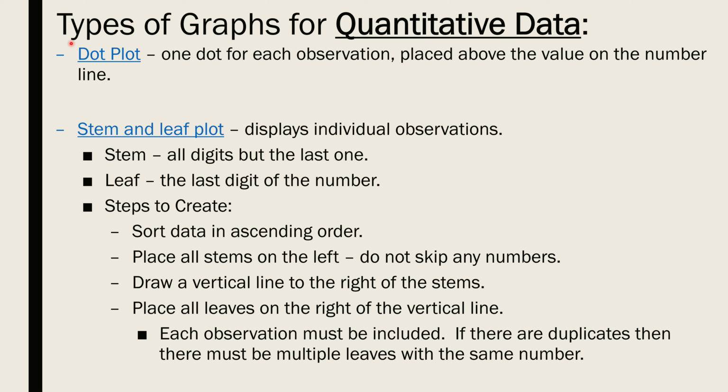Now we'll study types of graphs for quantitative data. First is dot plot. For dot plot, there is one dot for each observation placed above the value on the number line.